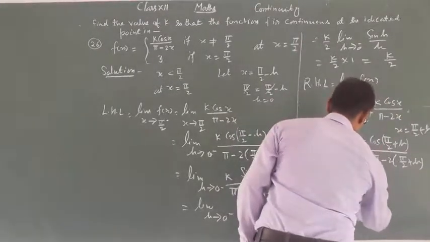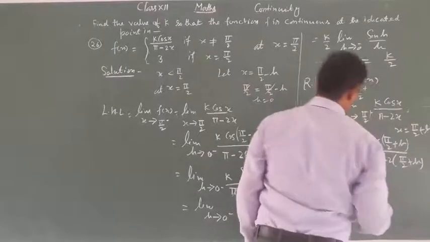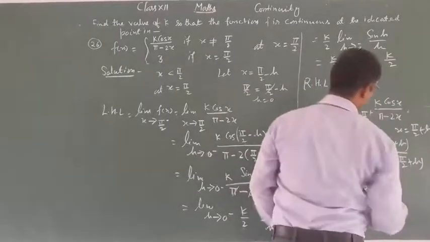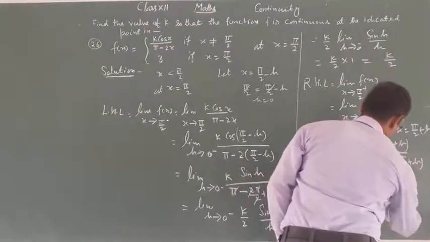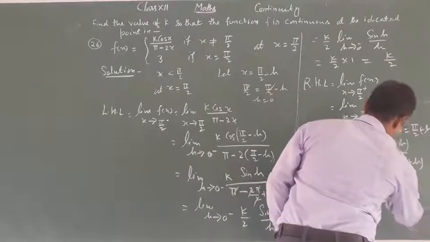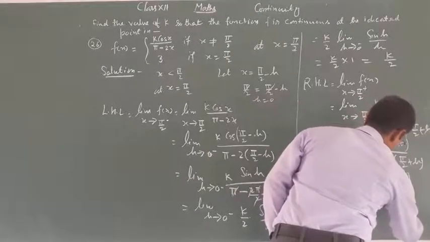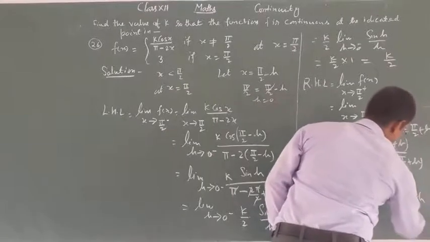So limit h tends to 0, right hand limit, k cos of pi by 2 plus h, which is minus sin h, upon pi minus pi minus 2h.